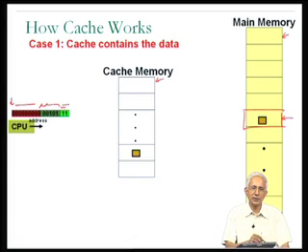So I show the tag bits in red, the index bits in dark green, and the block offset bits in light green. So the address that has just been generated by the processor is as shown in the diagram on the left. The tag bits are all zeros, the dark green bits are 0, 0, 1, 0, 1, and the block offset bits are 1, 1.